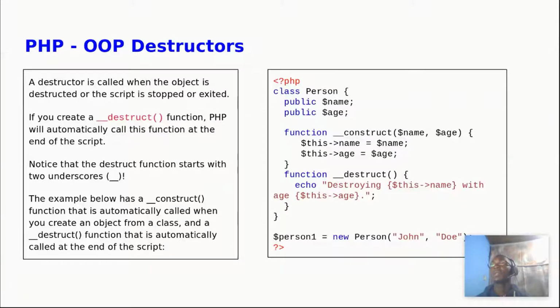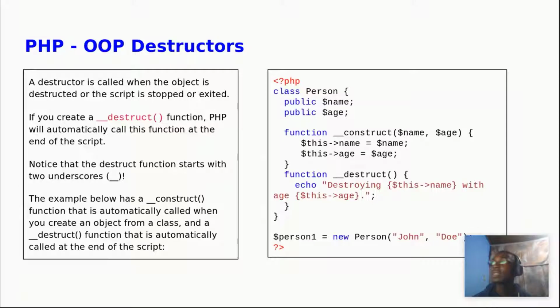It's like destroying a session. Your destructor is called when the object is destructed, or when the script has stopped being executed. It's not always necessary to call the destructor, but it's a good practice, especially in PHP, so that you don't keep data in memory occupying a lot of space.